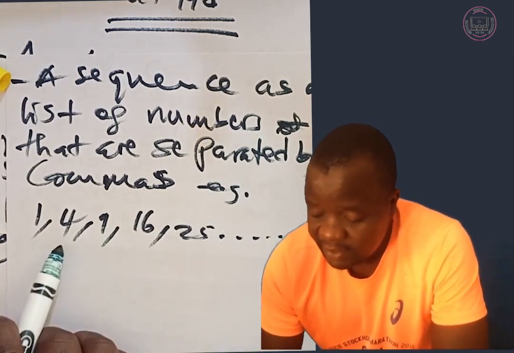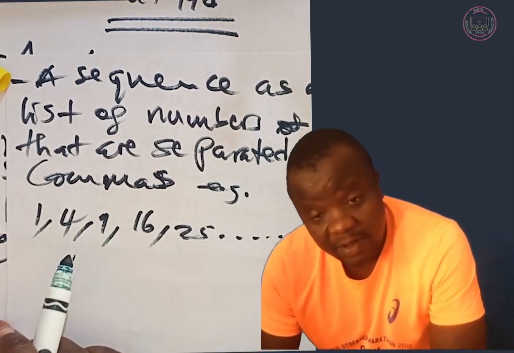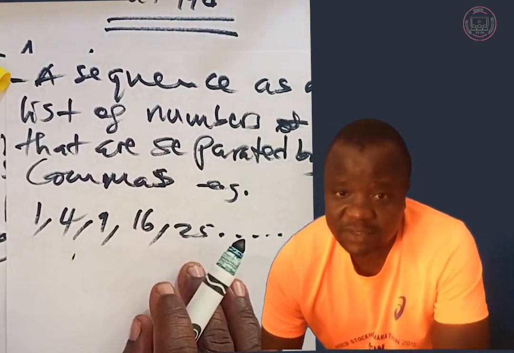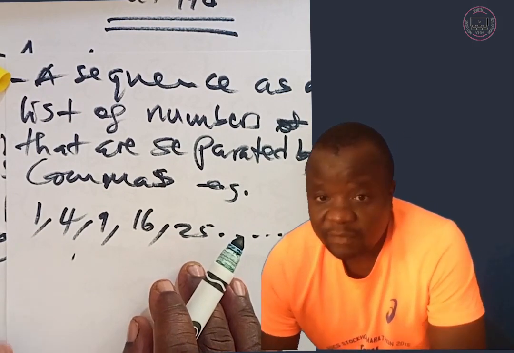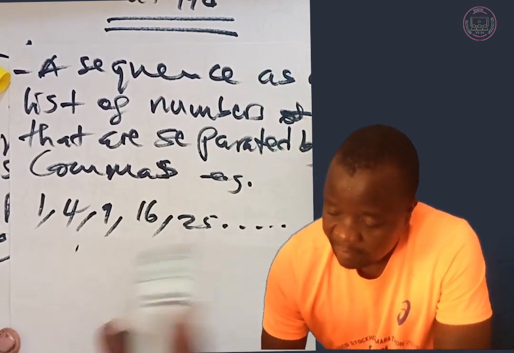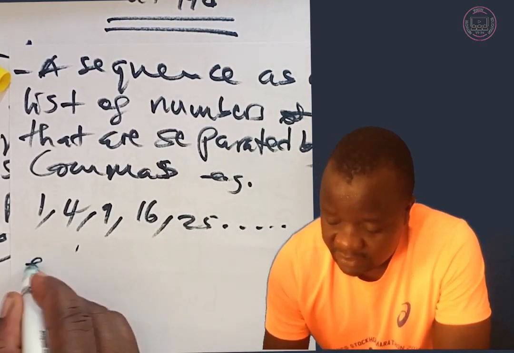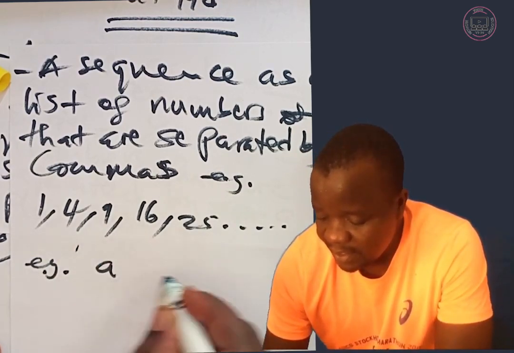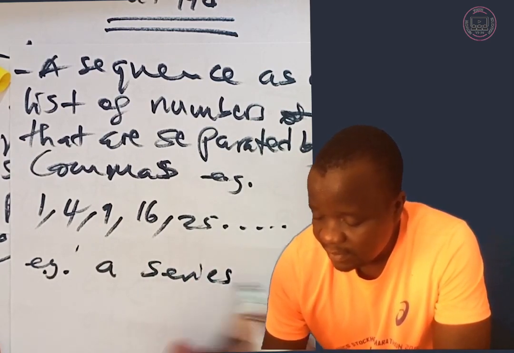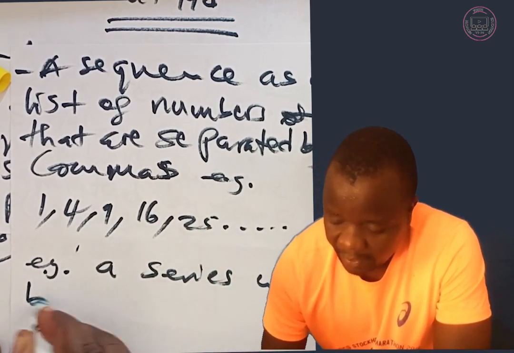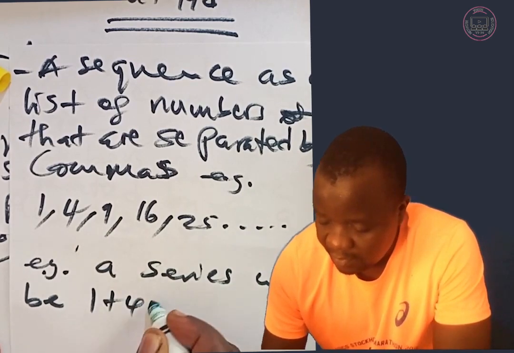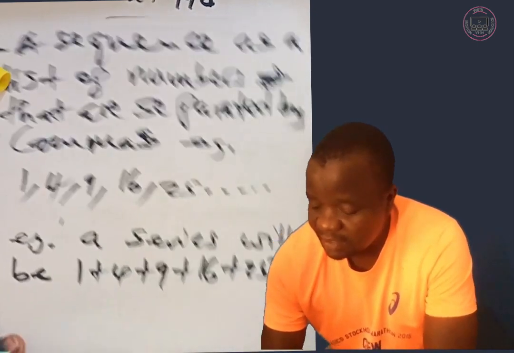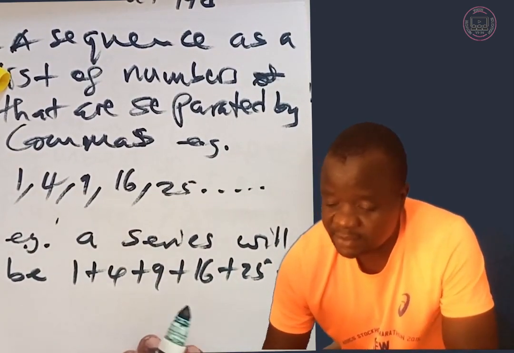However, this one is not an arithmetic progression, but I'm just taking it as an example for a sequence. But if we change a sequence to a series, then the series will be 1 plus 4 plus 9 plus 16 plus 25. Now the same sequence has been changed to a series.